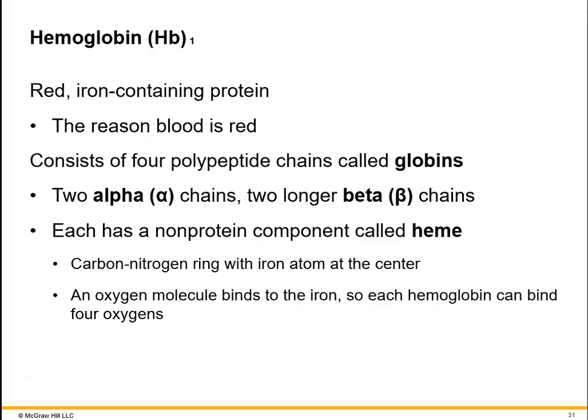As I mentioned before, these erythrocytes contain tons of hemoglobin molecules, and hemoglobin molecules contain iron. Iron is what causes those red blood cells to look red in color. Each hemoglobin molecule has two alpha chains and two beta chains of globin, and then each hemoglobin also has a non-protein component called a heme group.